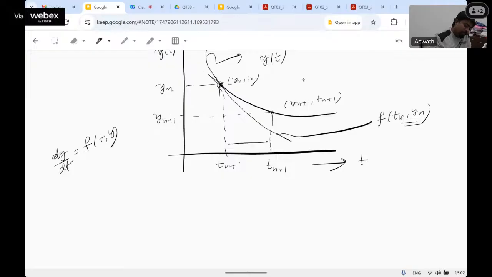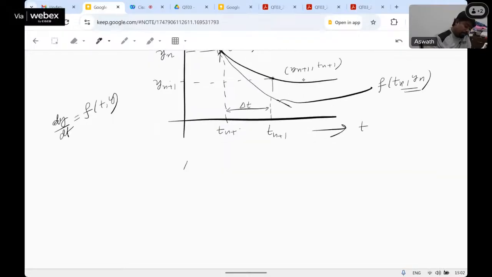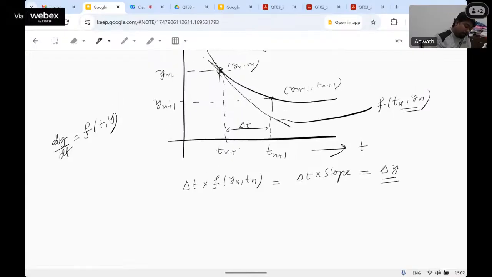If this is delta t, and you multiply the slope by delta t, that is delta t times f of yn comma tn, what do I get? I get an increment in y. This is the increment in y, this is delta y.